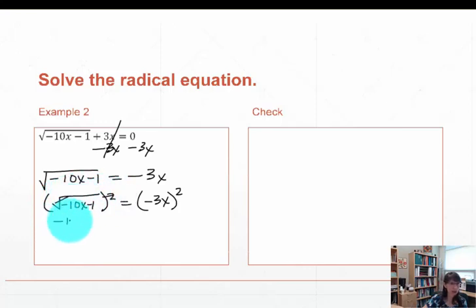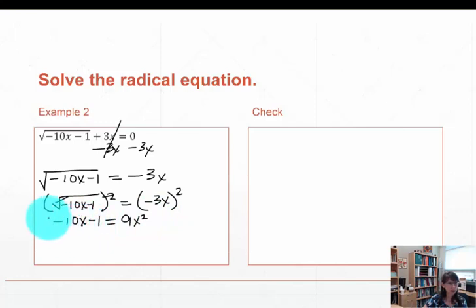So we're really just able to clear all of the terms from that radical. And on the right-hand side, since the negative is inside of the parentheses, it is a quantity of negative 3 times negative 3, that's positive 9, and then x times x, that would be x squared.